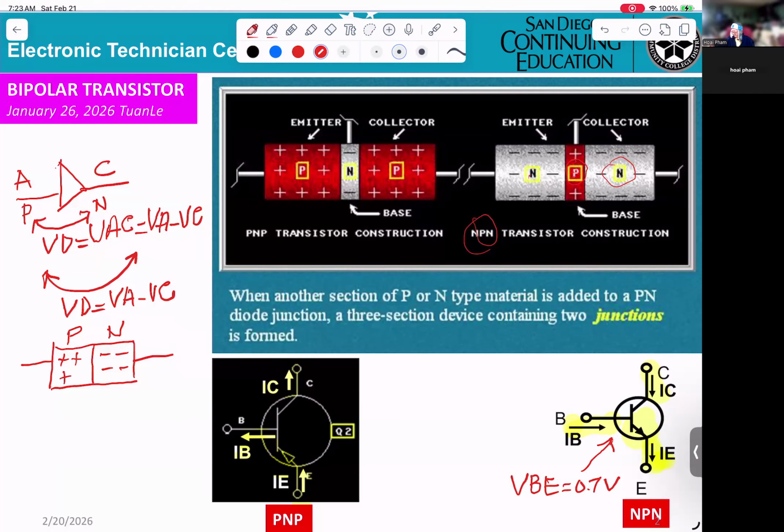If VBE is higher than 0.7 volt, the diode here will be conducting, allowing the current to flow from B to E. So when you're looking at the transistor, you must know whether it is an NPN or PNP.